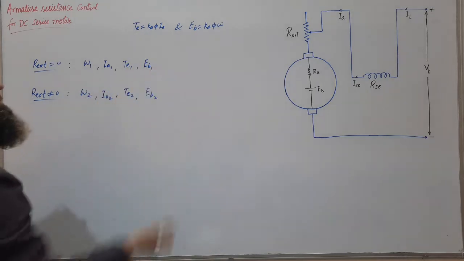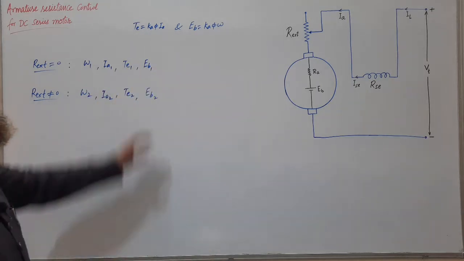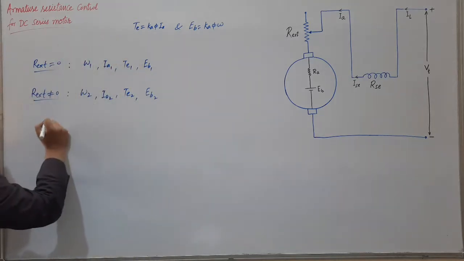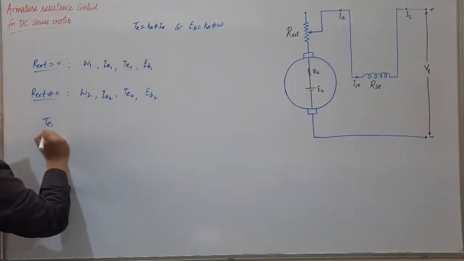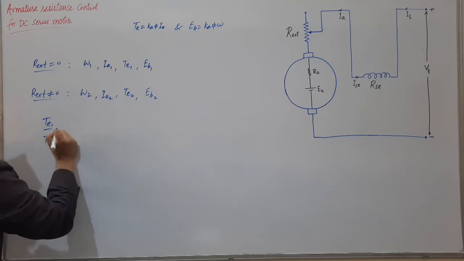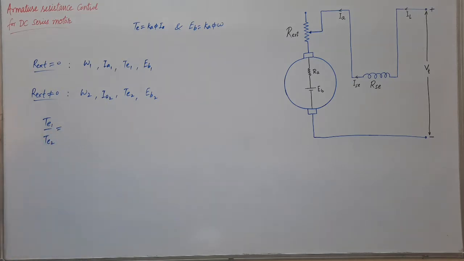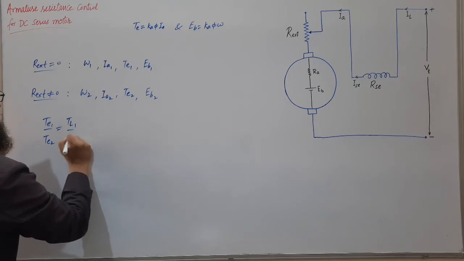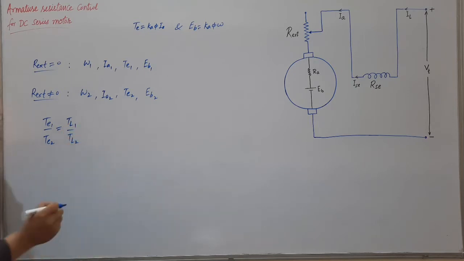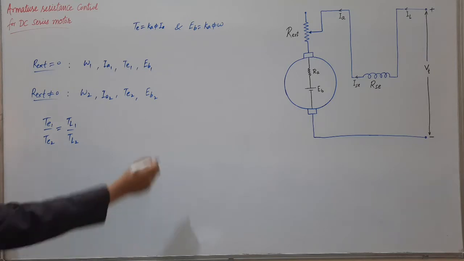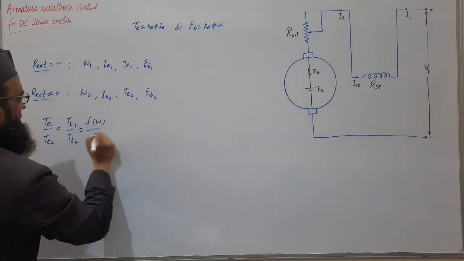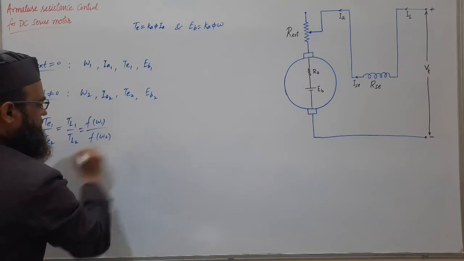So let us derive again two relations using Te equation and Eb equation. So first take the torque equation. So we may write Te1 upon Te2 for a steady state operation must be equal to TL1 upon TL2, and load torque may be constant or may be variable, so better write function of omega 1 upon function of omega 2.